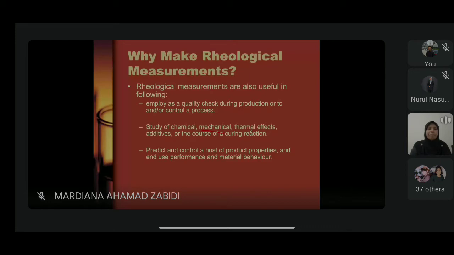And then in terms of addition of additives, okay, this one depending what type of additives that you are going to include into the product, and as well as the cost of curing reaction. Okay, the third one, why it is useful, is to predict and control a host of product properties and end use performance as well as material behavior.